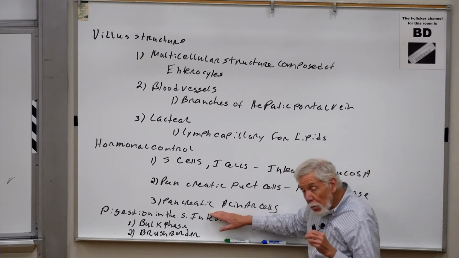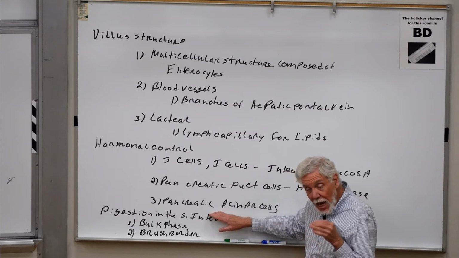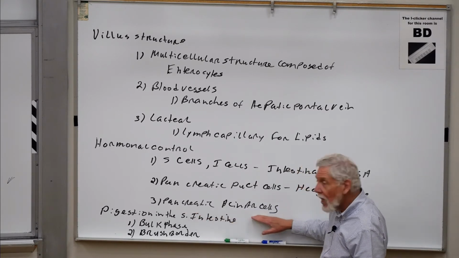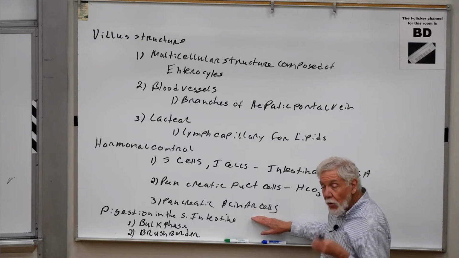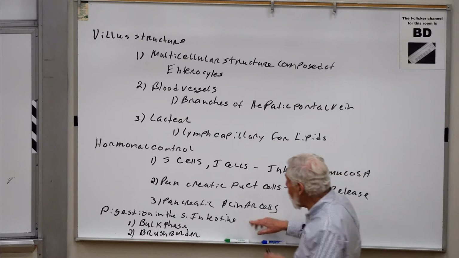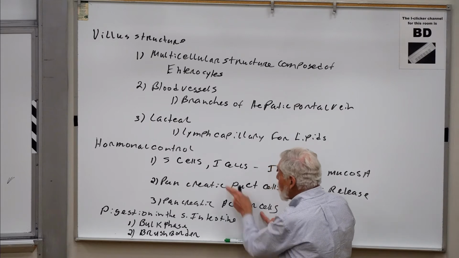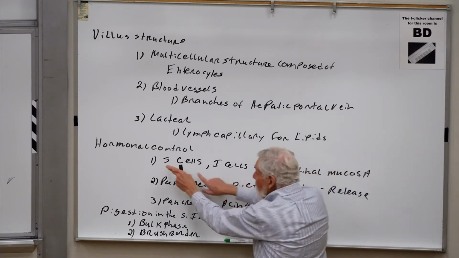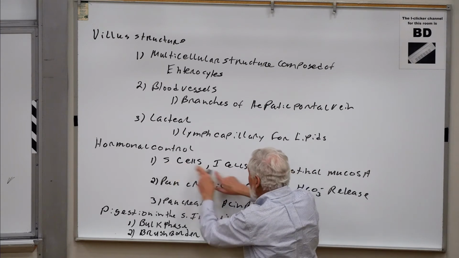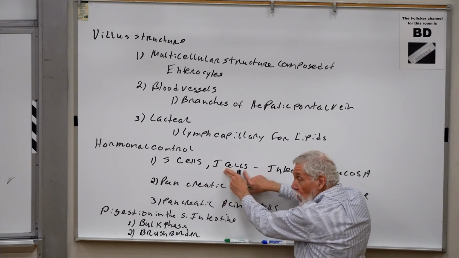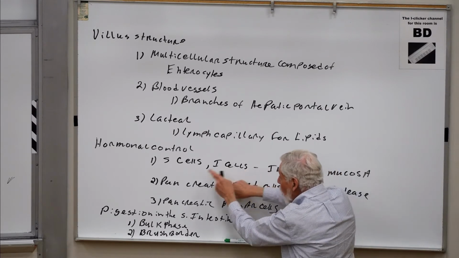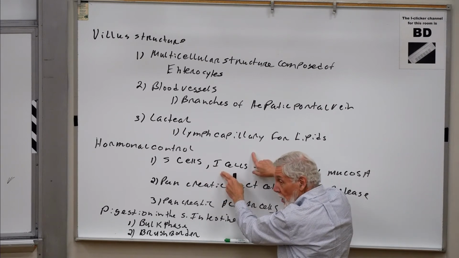Then the other set of players in the exocrine pancreas are the cells known as the pancreatic acinar cells. The pancreatic acinar cells are going to have receptors for the molecule released by the I cells. Where the S cells are monitoring for pH, the I cells are monitoring for lipid and protein. When the I cells see lipid and protein, they send out a hormone called cholecystokinin.